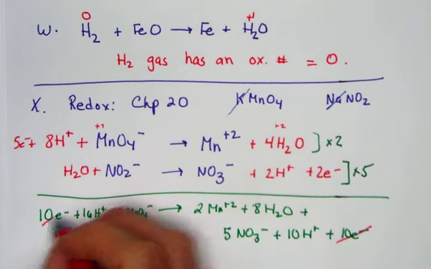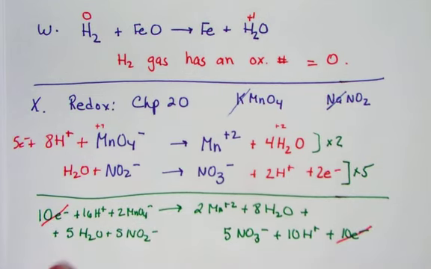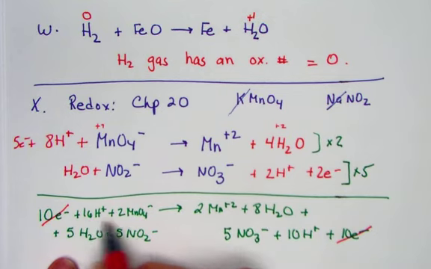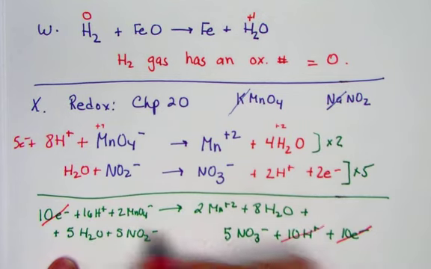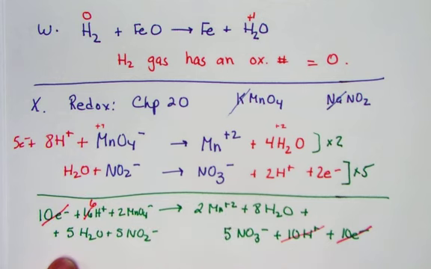The 10 electrons are gone. Thinking about hydrogens, we have 16 on the left and 10 on the right, so that will simplify to a net of 6 hydrogens on the left.